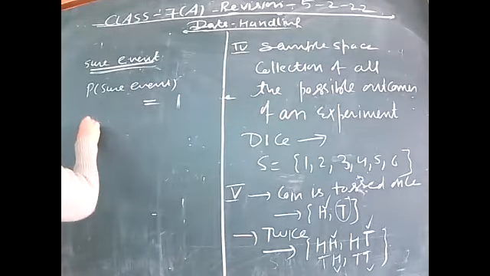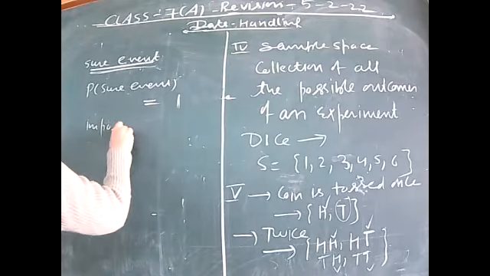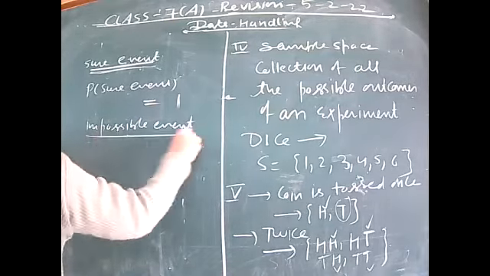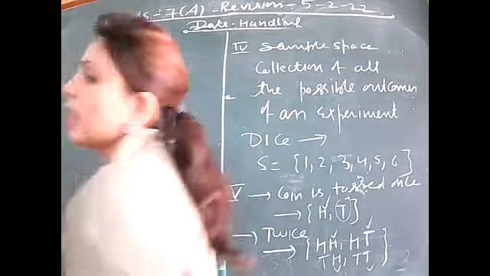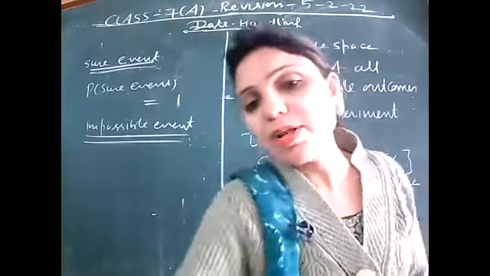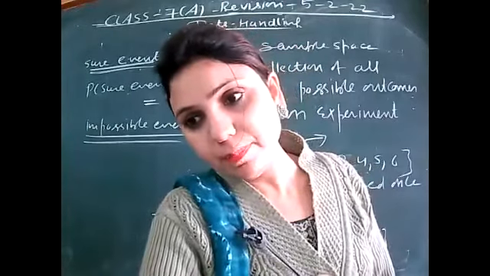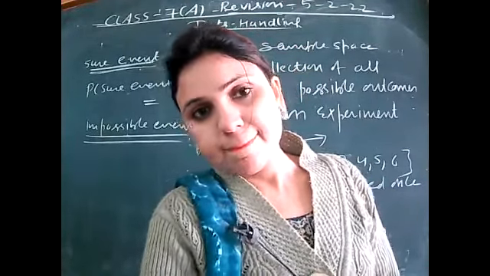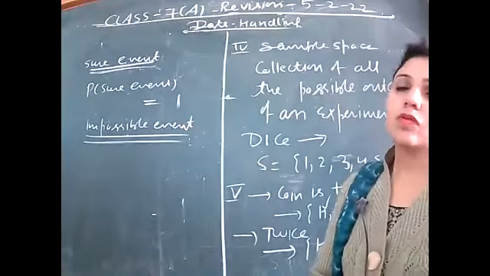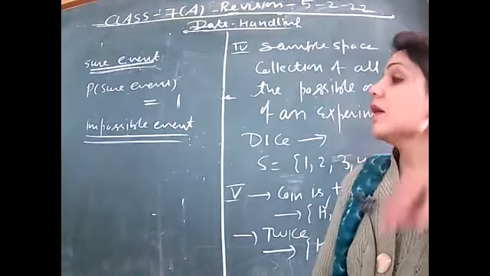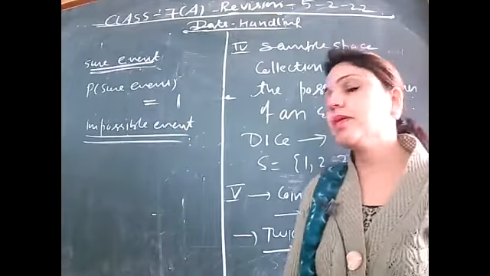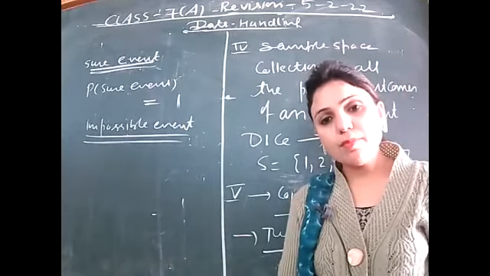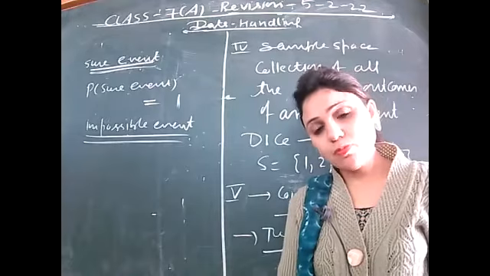And another is impossible event. Impossible event is one which can't happen. For example, there are 8 days in a week. This is impossible event. There are 14 months in a year. This is impossible event.